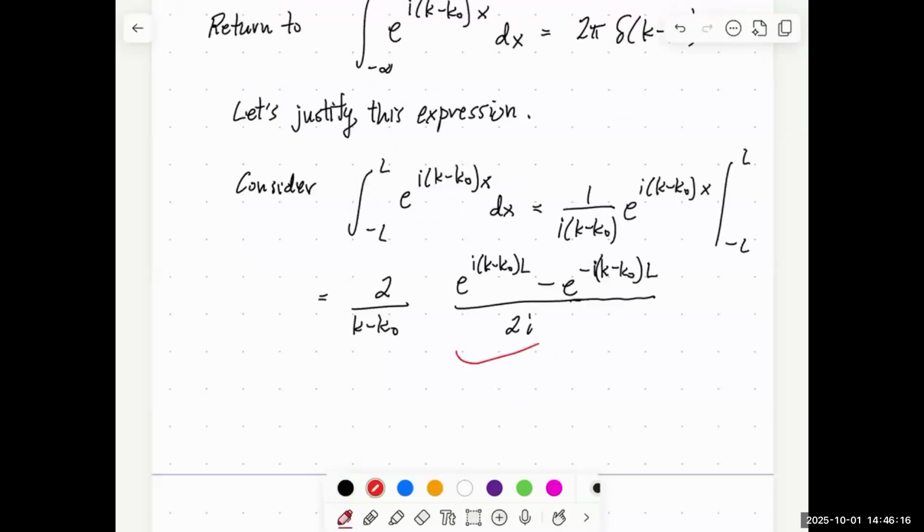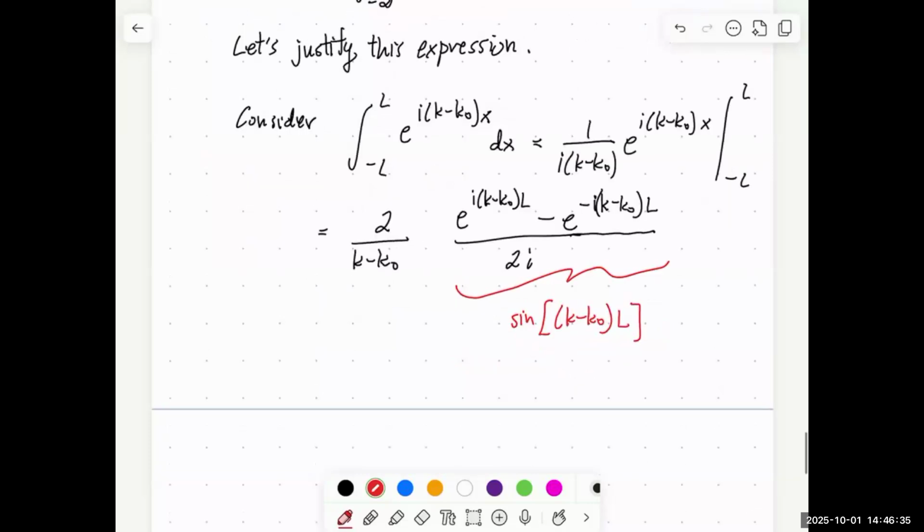What is this thing above the red brace? The sum. It's the sine. That's right. This is sine of (k minus k naught) times L. And so what we have is 2 sine of (k minus k naught)L divided by (k minus k naught).